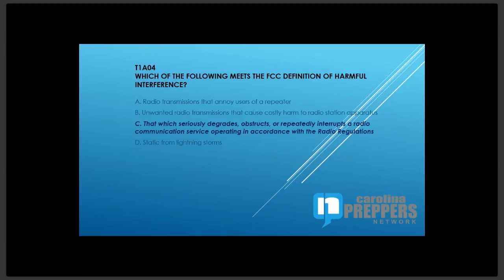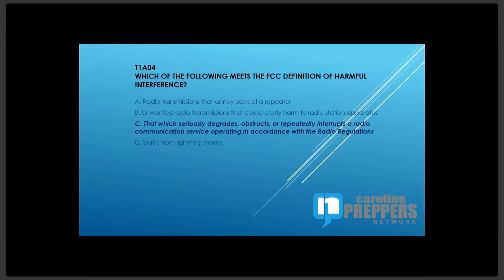So, which of the following meets the FCC definition for harmful interference? It could be letter A, radio transmissions that annoy users of a repeater. However, that's not really harmful interference.